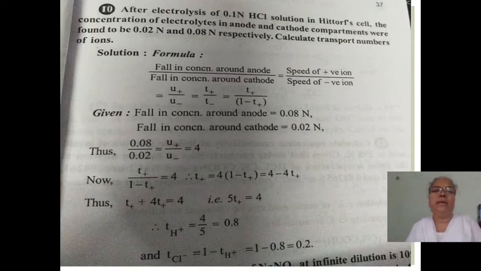The first method that you have studied is the moving boundary method, and in this method you have studied the principle and experimental setup, then calculation of transport number by using the moving boundary method. Then you have studied Hittorf's method for the determination of transport number.